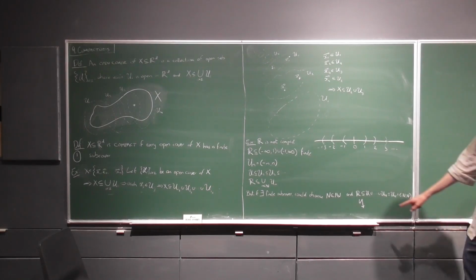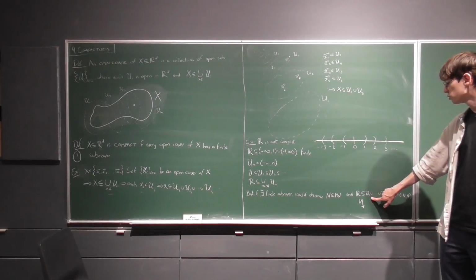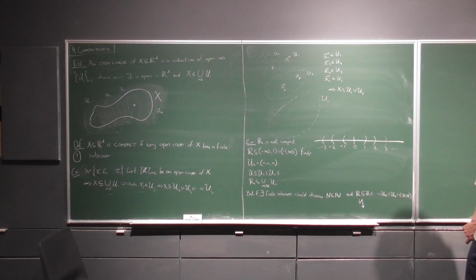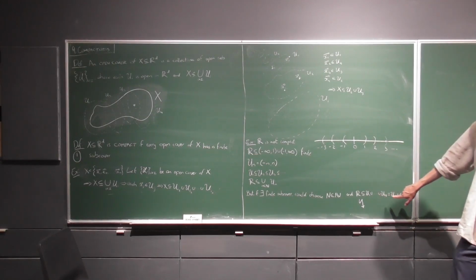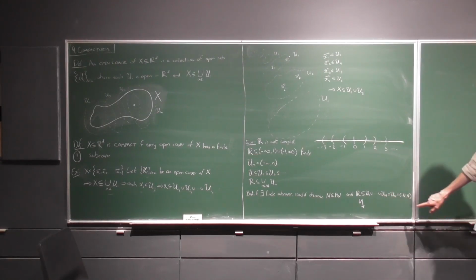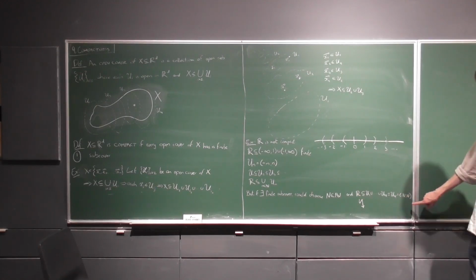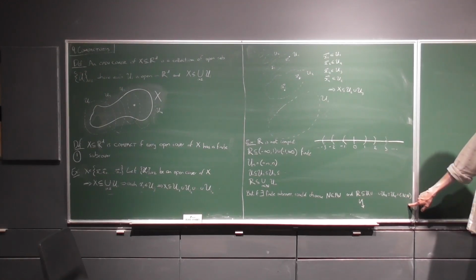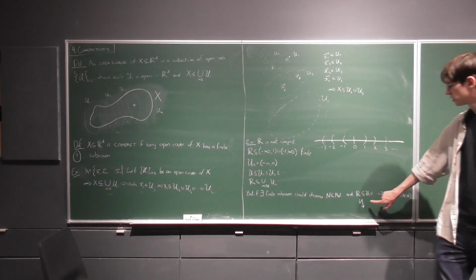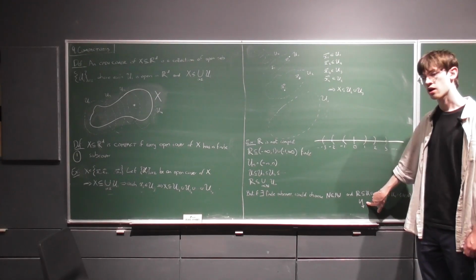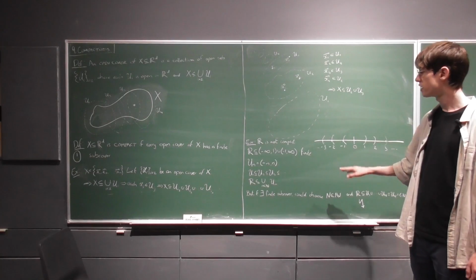That means that R will be contained within U1 union all the way up to Un, but because they're all nested, this is just equal to Un, which is of the form minus n to n. That means that R is contained within minus n to n, which is of course not true. And this is a symbol for a contradiction. So that means that R is not compact.